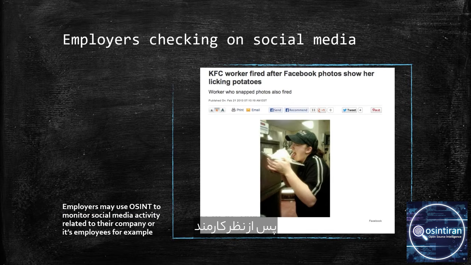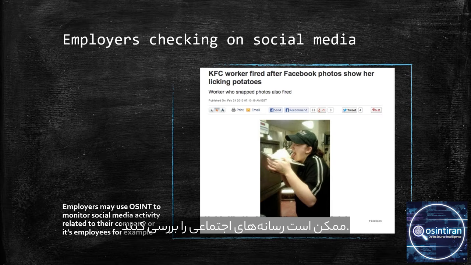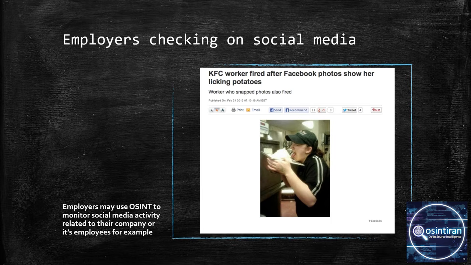In terms of employers checking on their employees, they may check social media. In this case, a KFC worker was fired after a Facebook photo showed her licking potatoes. And the person that snapped the photo was also fired. So employers may use OSINT to monitor social media activity related to their company or employees.